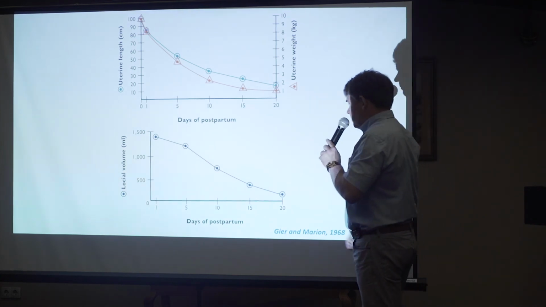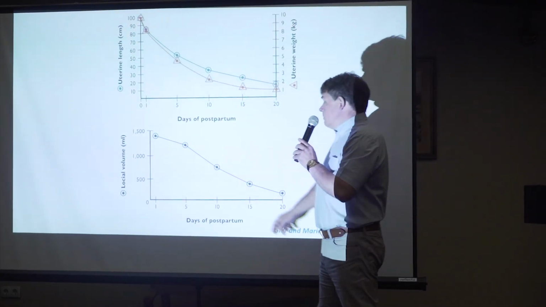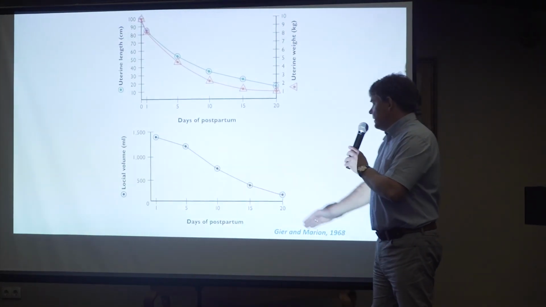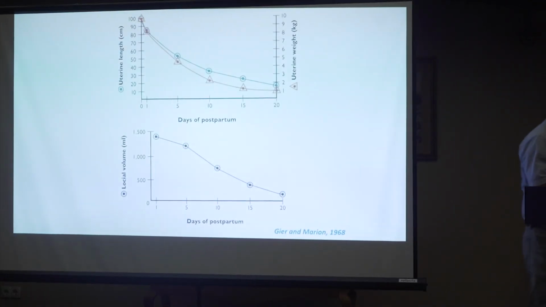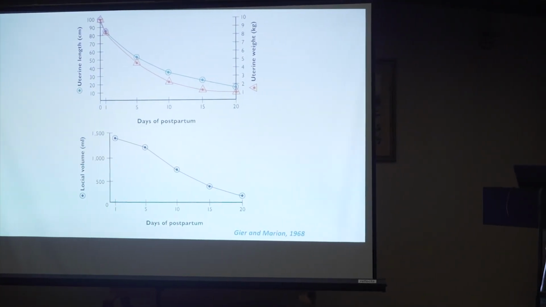And here is also shown the lochial discharge volume. There is quite a big amount during the first 10 days, then the amount decreases, and usually after day 20 you should not see any discharge. This is already quite old science. It was well known more than 50 years ago.